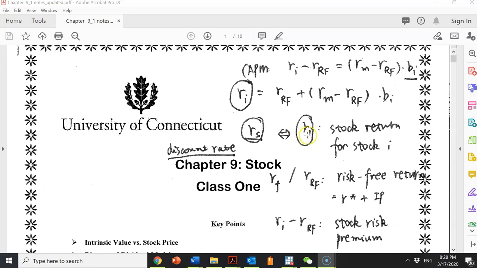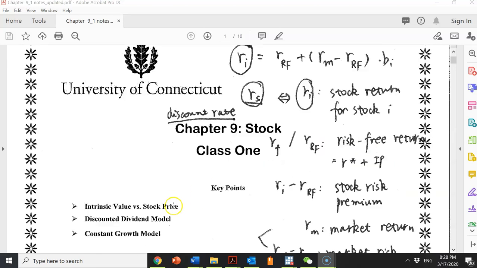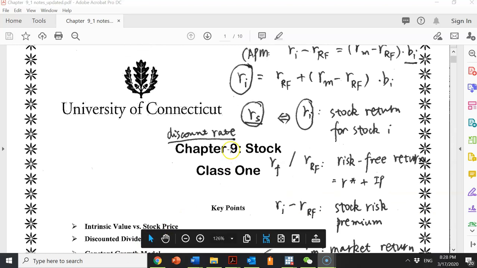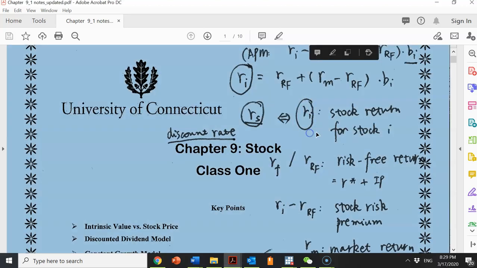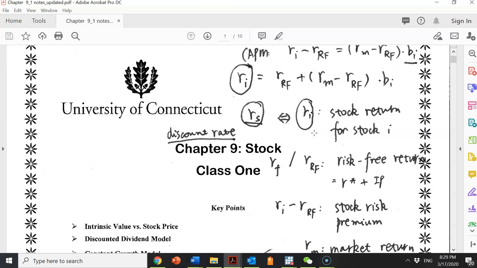So this RI, stock return here, is going to be used in our discounted dividend model as the discount rate, RS. So this RI, stock return for stock i, in our capital model is the same thing as the RS, the discount rate we use to discount dividends in the discounted dividend model.